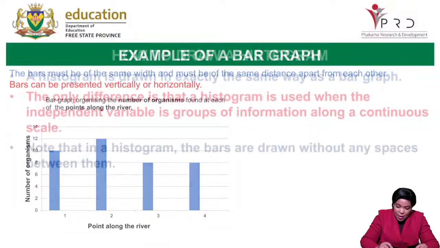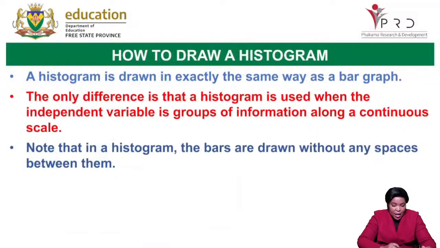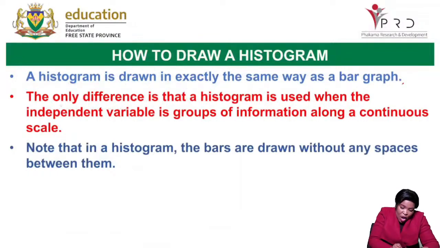Right. Then, how to draw a histogram. Now, a histogram is drawn in exactly the same way as the bar graph. However, the only difference is that the histogram is used when the independent variable is in groups of information along a continuous scale.